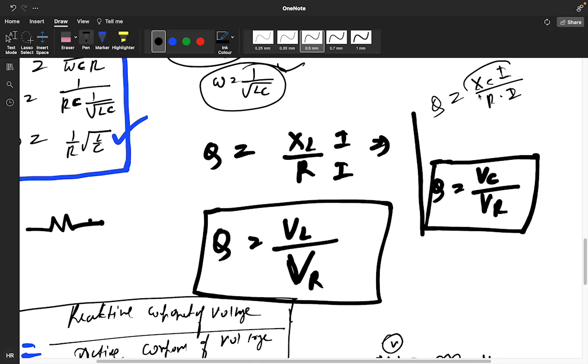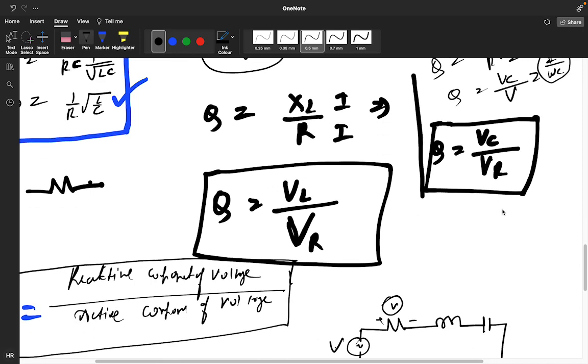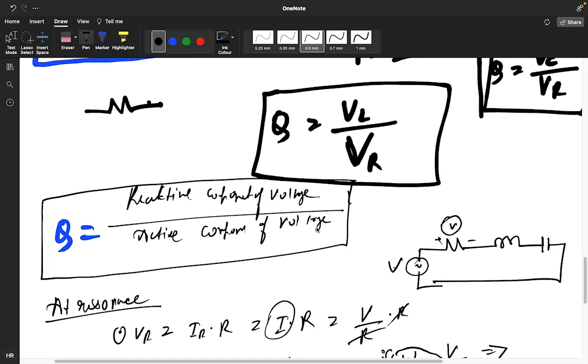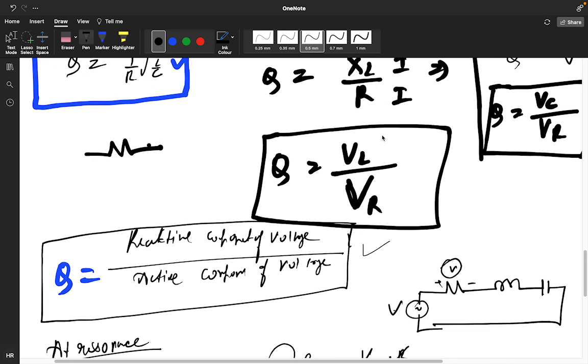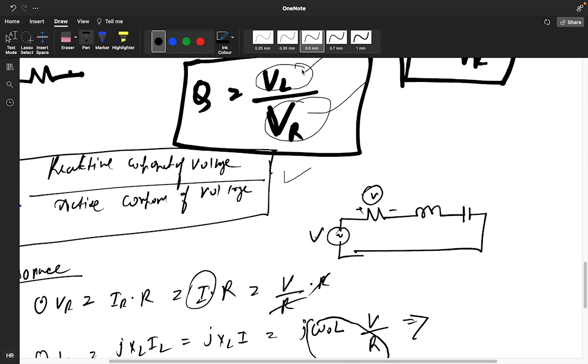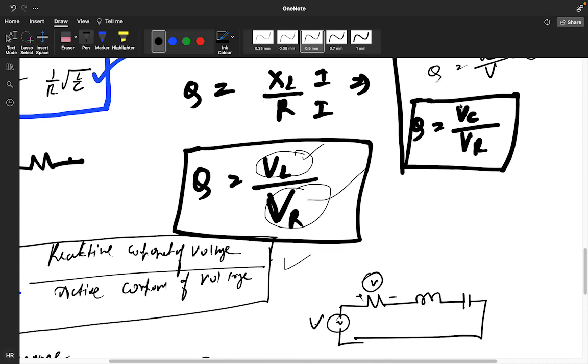So XC into I is your VC and R into I is your VR. Actually XC is 1 upon omega C, I by omega C is your VC. So you are getting VC by VR and VL by VR. So we can say that the reactive component of the voltage divided by the active, meaning resistive, component of the voltage is the quality factor. You have to take one parameter, either inductor or capacitor.